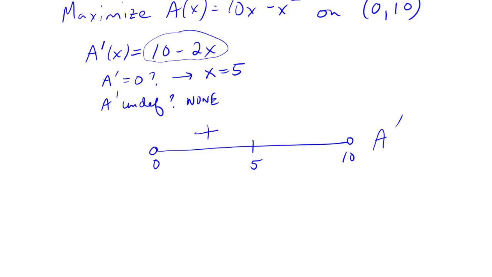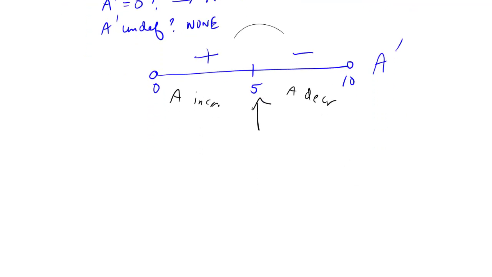If I put, say, 6 in, I get 10 minus 12, I get negative, telling me that here A is increasing and here A is decreasing. So what happened? Well, I must have topped out at 5. So I obviously get a relative max at 5.